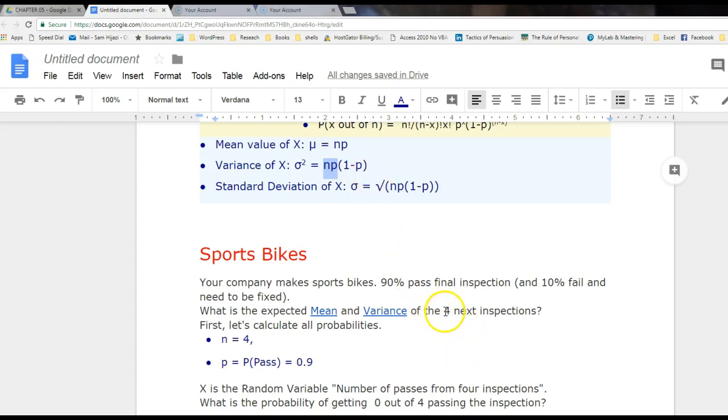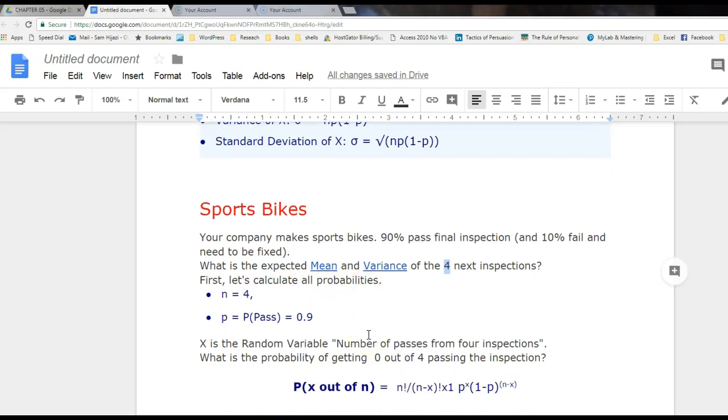Here, n is 4, because it says the next 4 inspections. First, let's get ourselves familiar with the data that is given. n is 4, the pass probability is 90%.